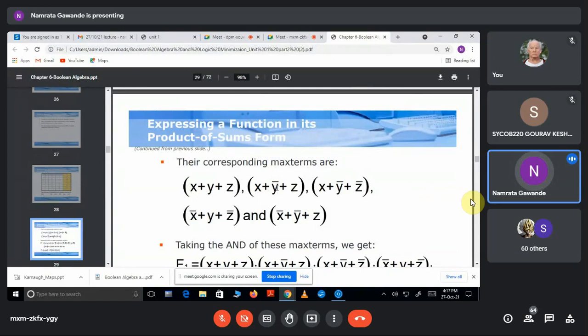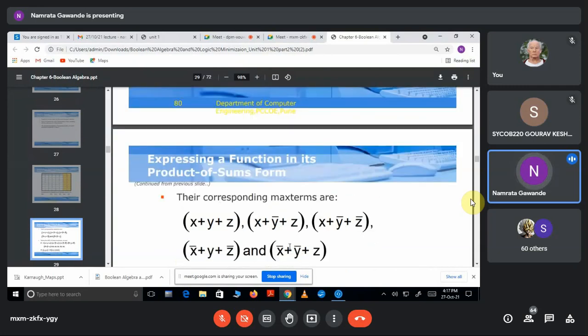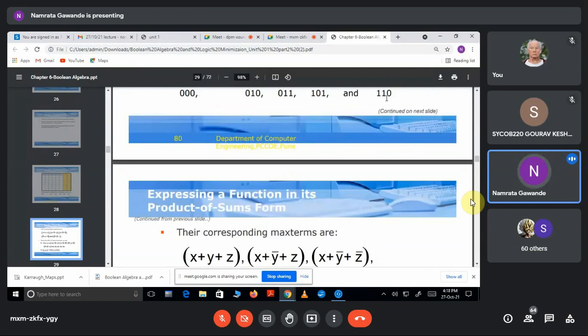So 0 plus 1 plus 0. Then this will be 0, 1, 1. Instead of dot, here it is sum, and instead of the complemented form for 0, the complemented form for 1 you have to use. x bar plus y plus z bar, and so on. So the corresponding max terms are written, representing these 5 combinations.